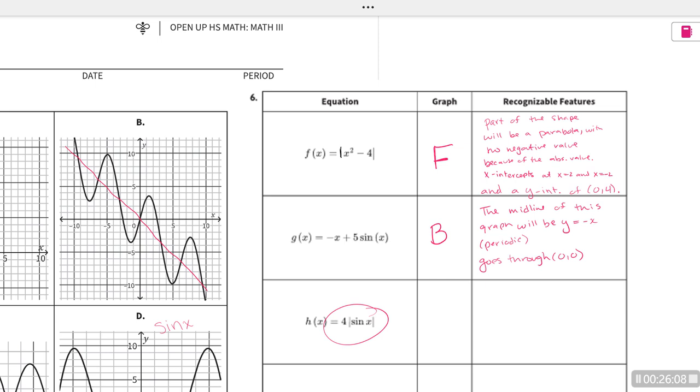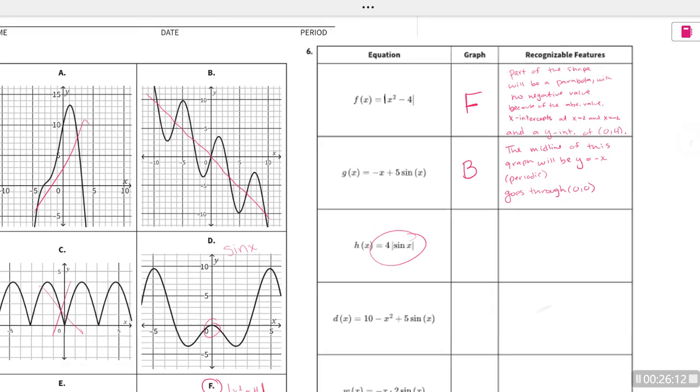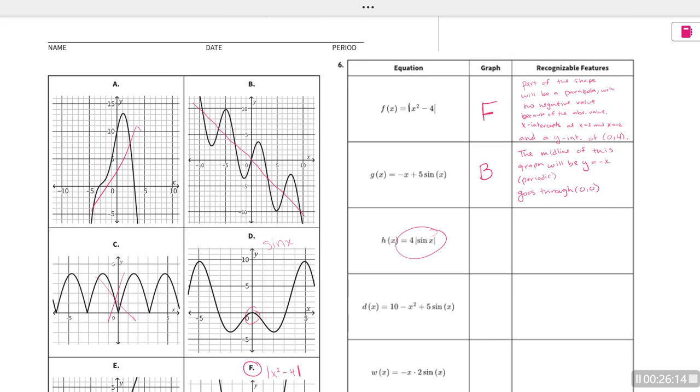Again, we see a sine function here, but notice a few of our graphs have a feature of sine. So we're not just looking for periodic. So F, we've already matched. And B, we've matched to negative x plus 5 sine of x. Okay.